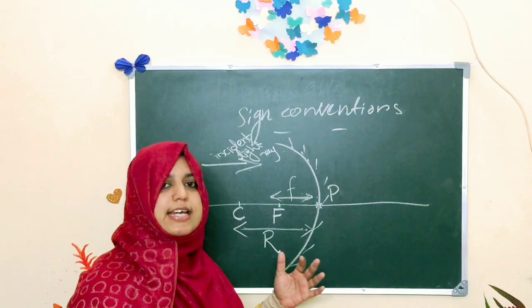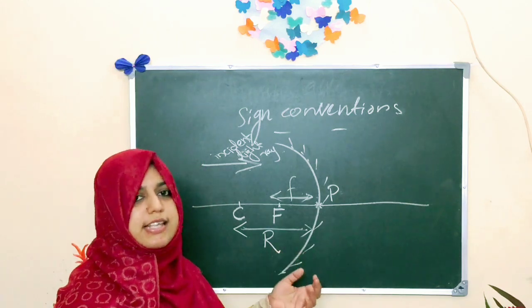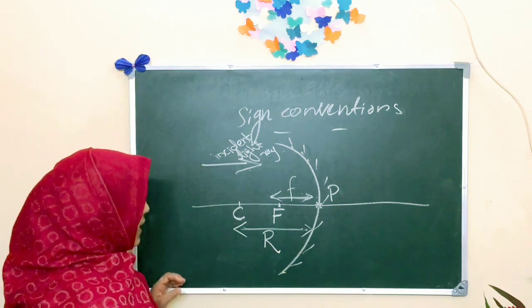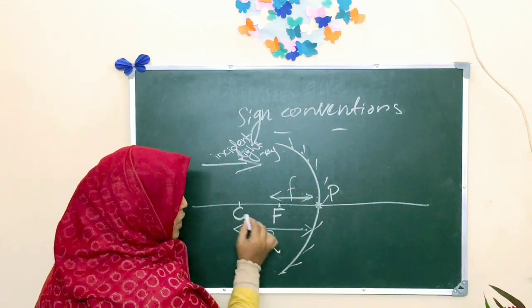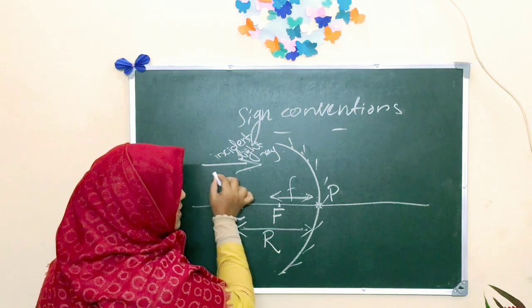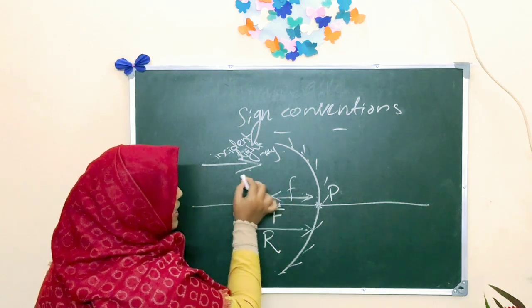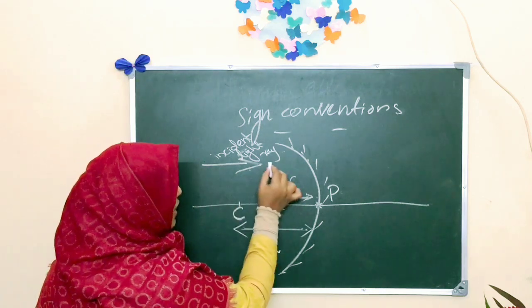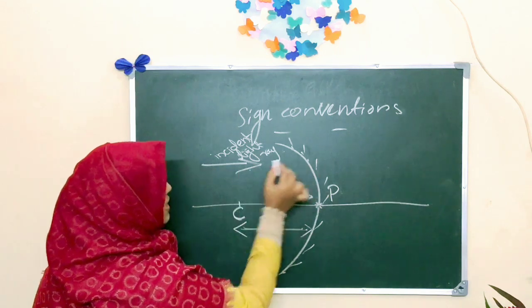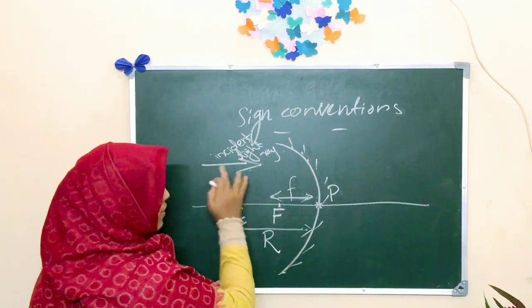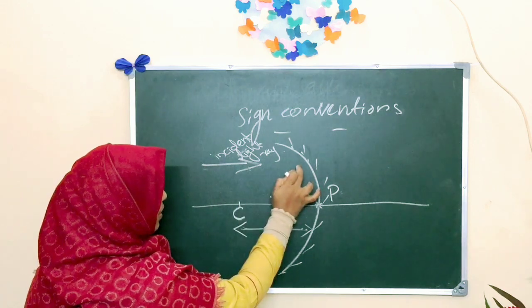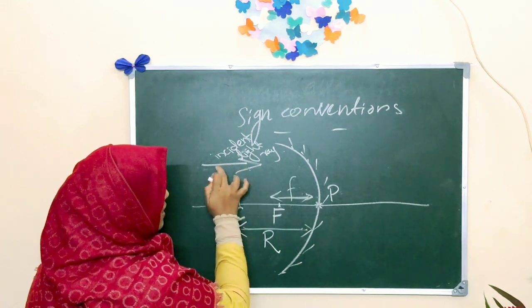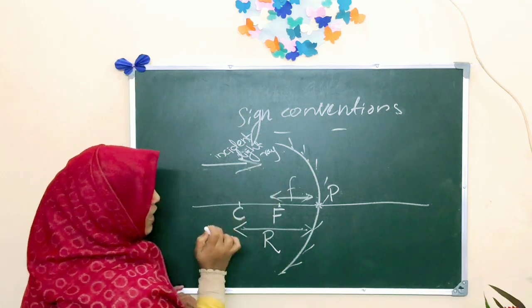Next is the second sign convention. Listen: all the distances are measured in the direction of incident ray. This is the direction of incident ray.